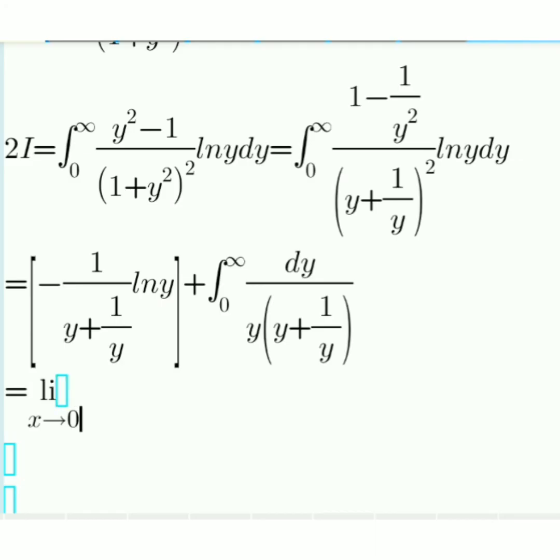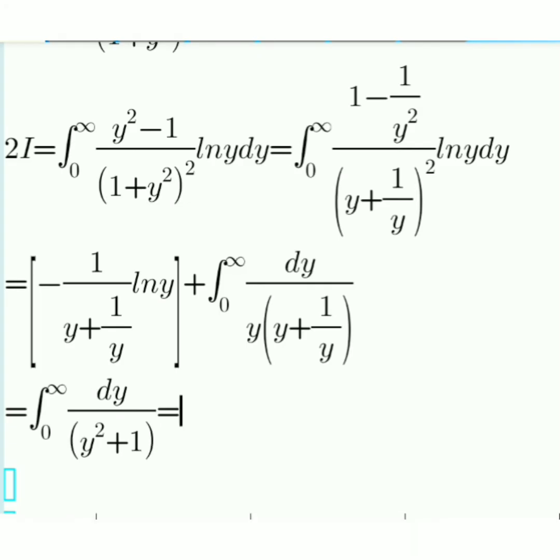I want to do by parts again, but this is the main fact: 0 to infinity, it can be written as dy over y square plus 1.